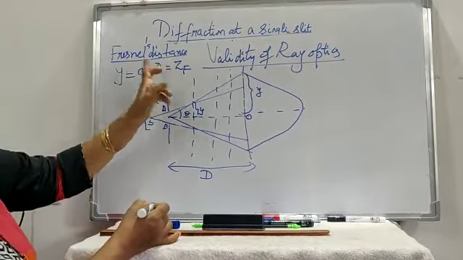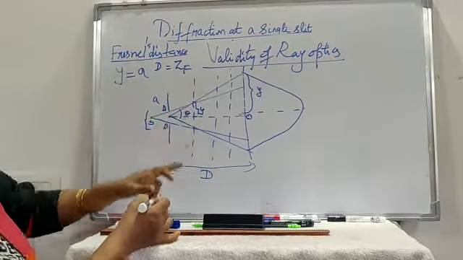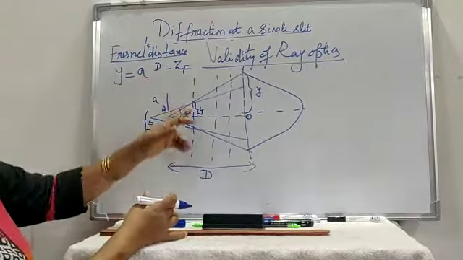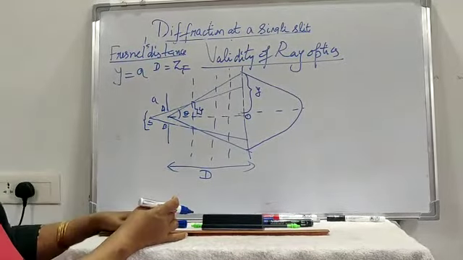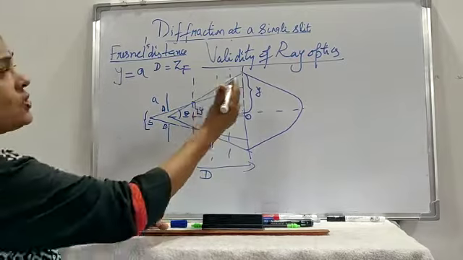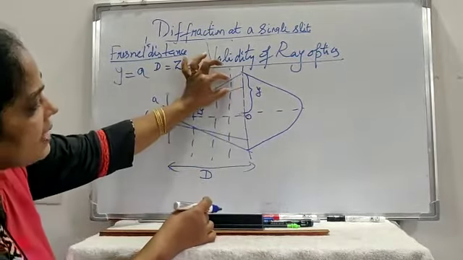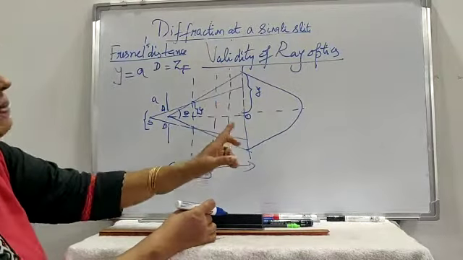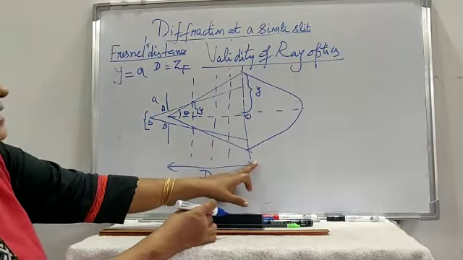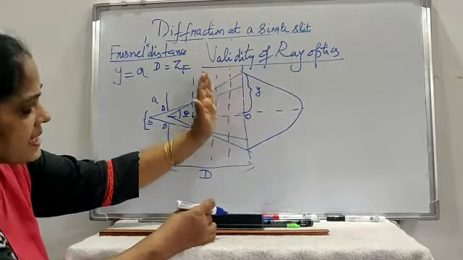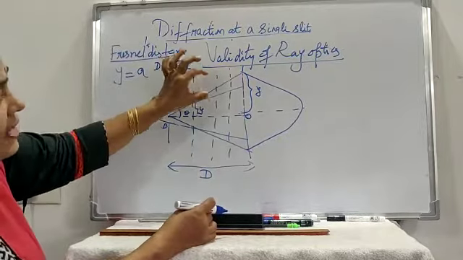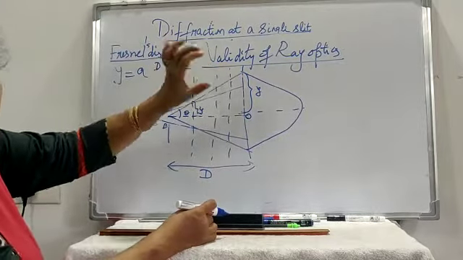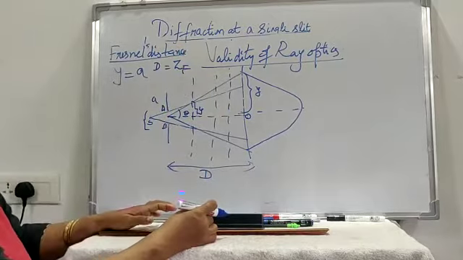So up to Fresnel's distance, you can see that ray optics is valid. Because when you push the screen, you get a diffraction pattern which is not very dominant. If you go on pushing the screen over here, the diffraction pattern is observed, but it is not at all prominent on the screen.